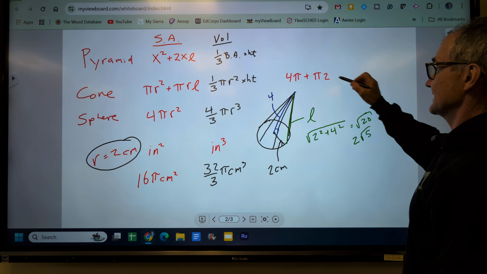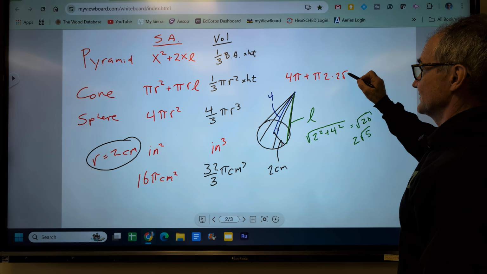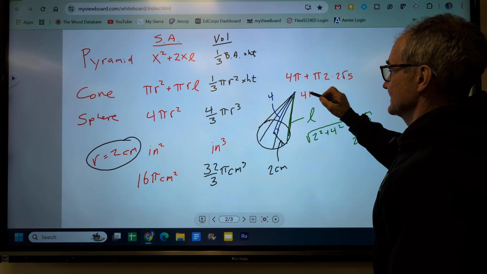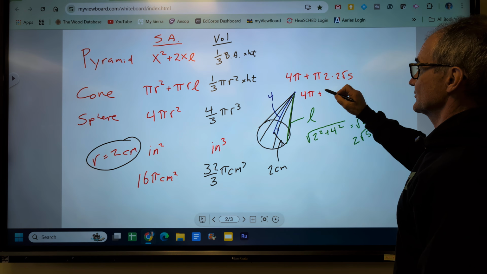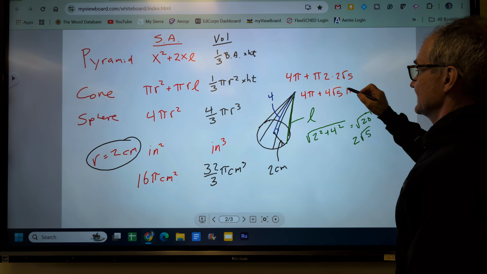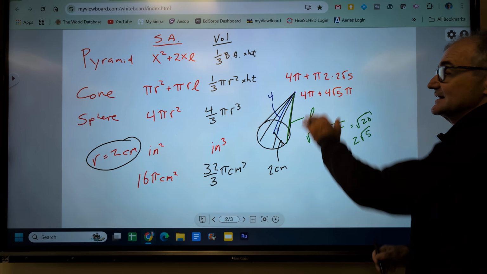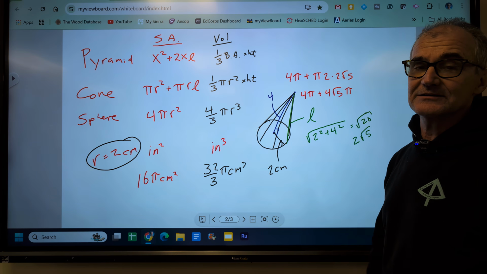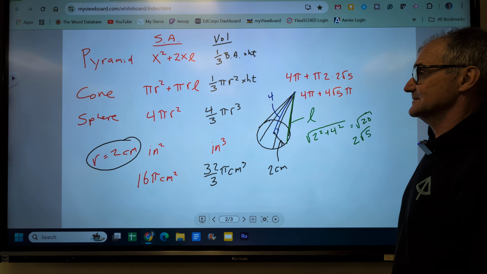And slant height is 2 root 5. So I have 4 pi plus 4 root 5 pi. And I could just leave it like that as an exact value. Or if I want, I could enter it in the calculator to get a decimal approximation.